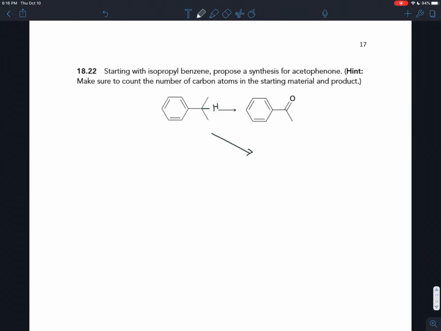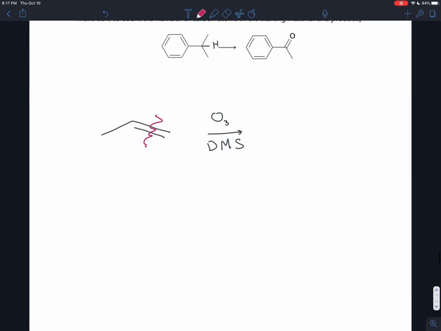You might remember from Organic Chemistry 1 that there's another way that you can saw off carbons, and that's using ozonolysis. If you remember, if you have a double bond between carbons and you treat it with ozone, so O3, followed by dimethyl sulfide, DMS, that saws that double bond in 2.